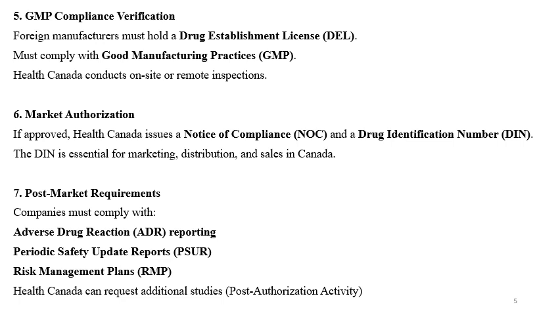So if everything is satisfactory up to the mark considering the regulatory and quality requirements, then there will be market authorization. So if approved, Health Canada will issue a notice of compliance, NOC, and the drug identification number, that is DIN number, and this DIN number is essential for the marketing, distribution and sales in Canada.